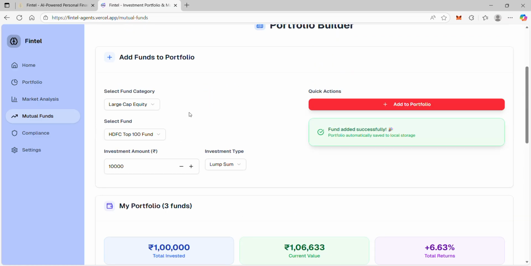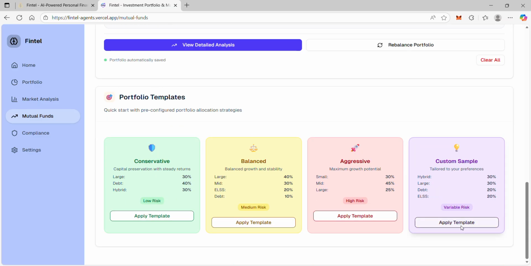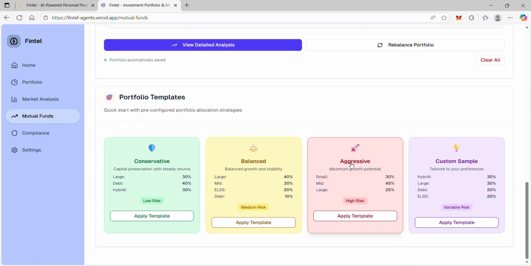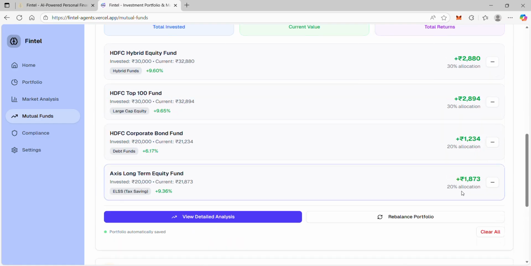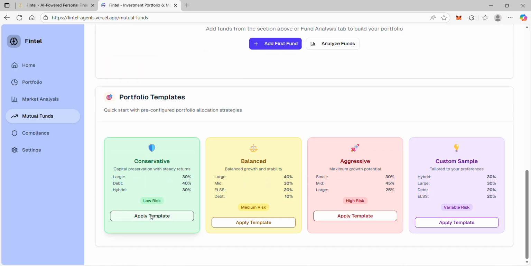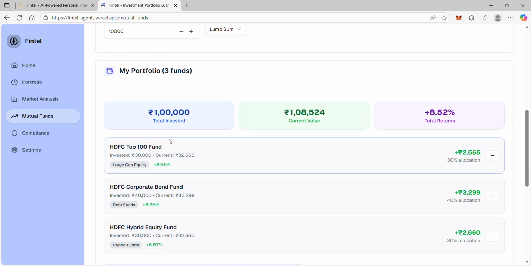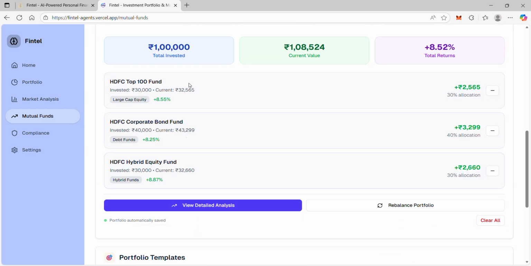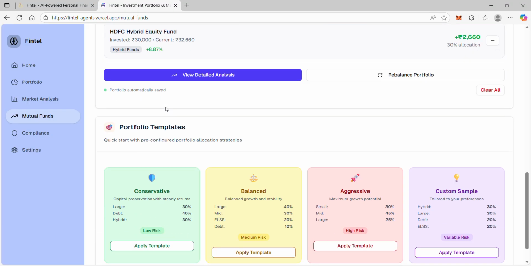So there is nothing right now. Now I'll apply. It selected custom, which was my previous portfolio. Okay, I'll clear. Then I'll add conservative. So this is the conservative template with three high performing mutual funds and corporate bonds.